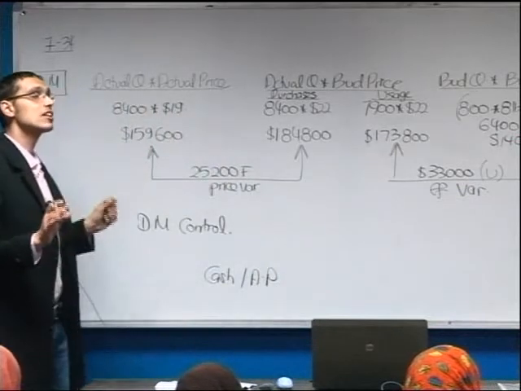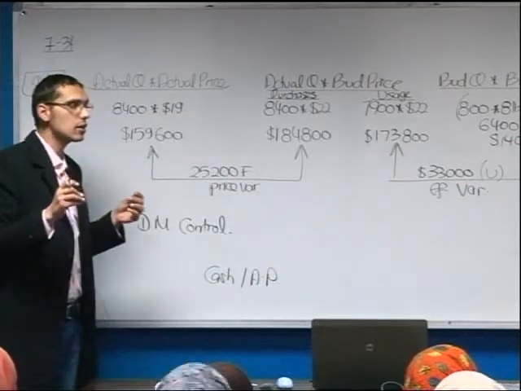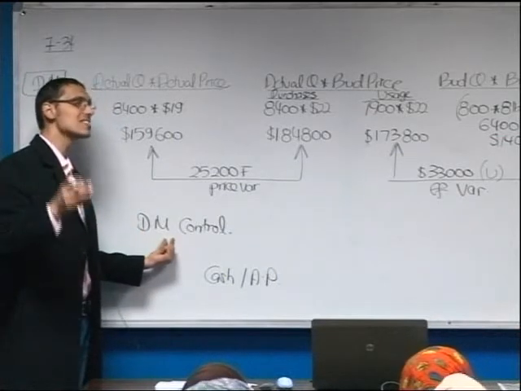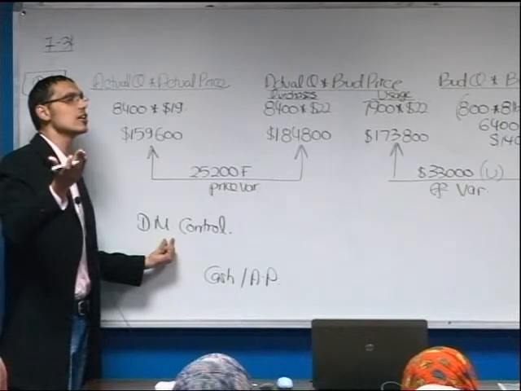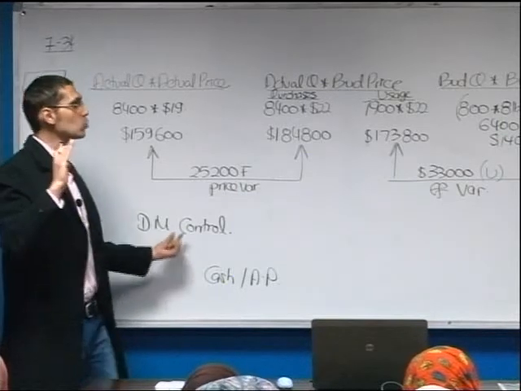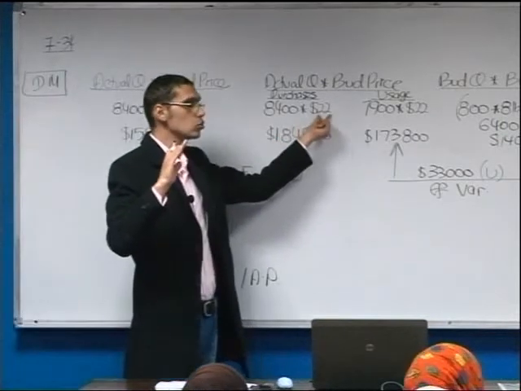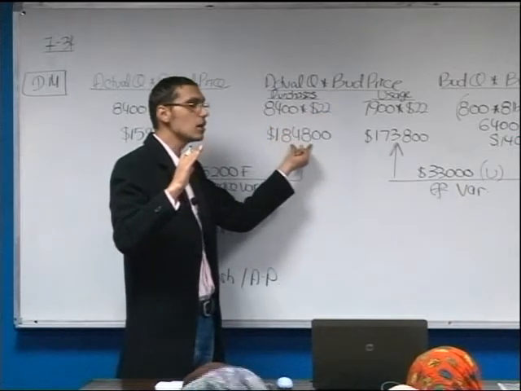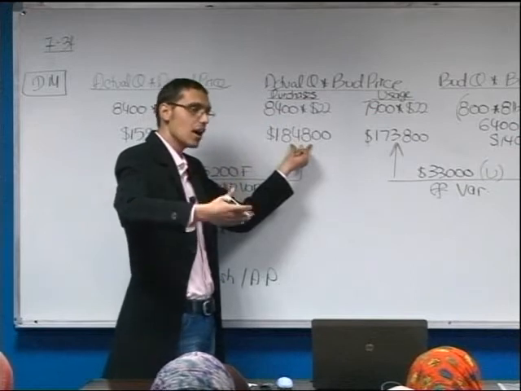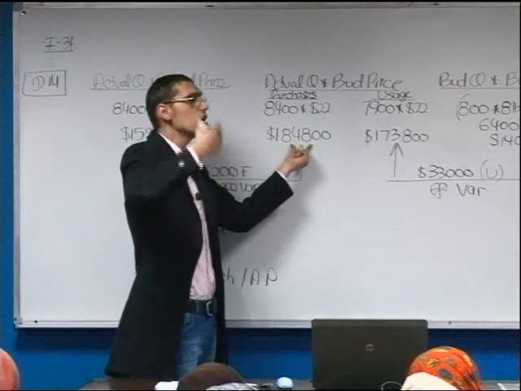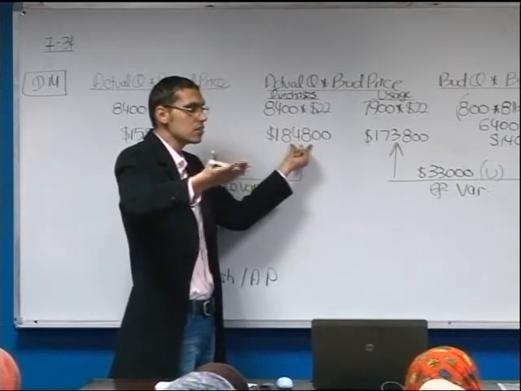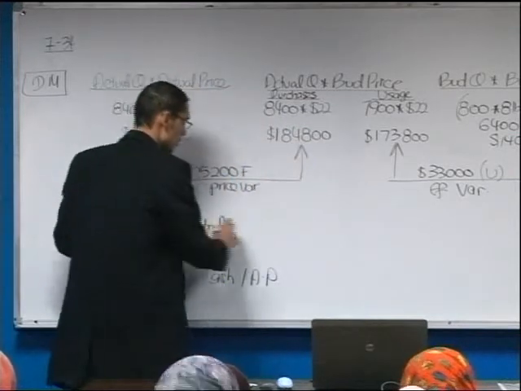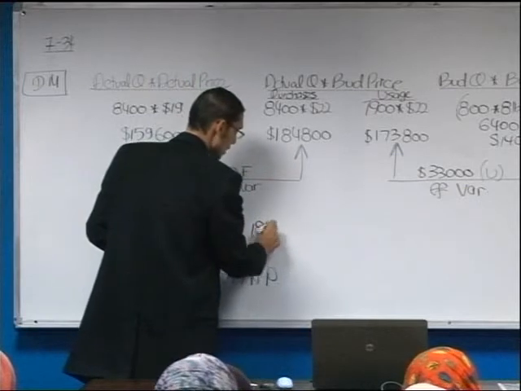Of course, according to our standard costing, we are going to debit the direct materials according to our standard price. What was the standard price? $22. We purchased 8,400. Therefore, we will recognize the increase in the direct materials control by the amount of 184,800.